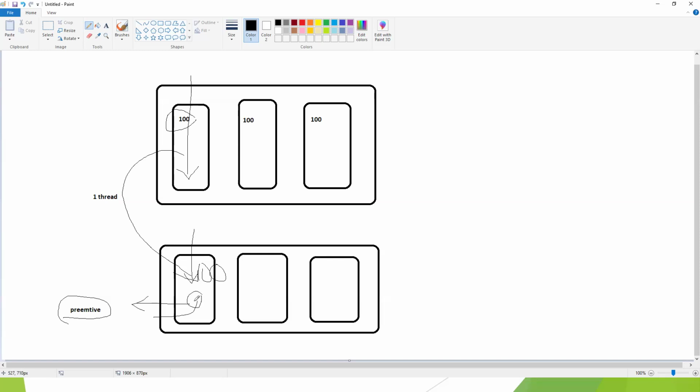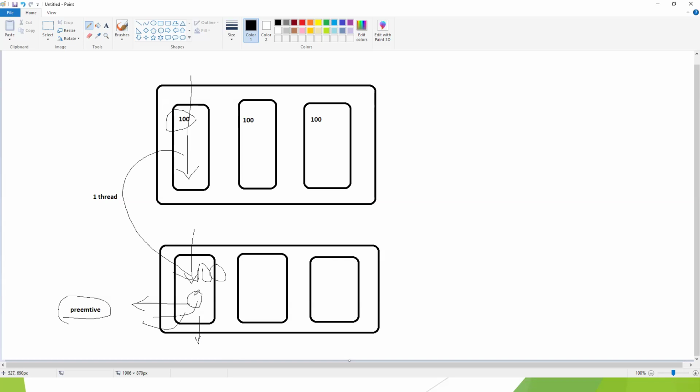Let's say one thread is executing its task. It doesn't matter, because Windows doesn't know what that thread's work is, either it requires to run or it has to be kicked out of the CPU, whatever it is, it doesn't know. If that is the case, it will be moved out of the CPU.